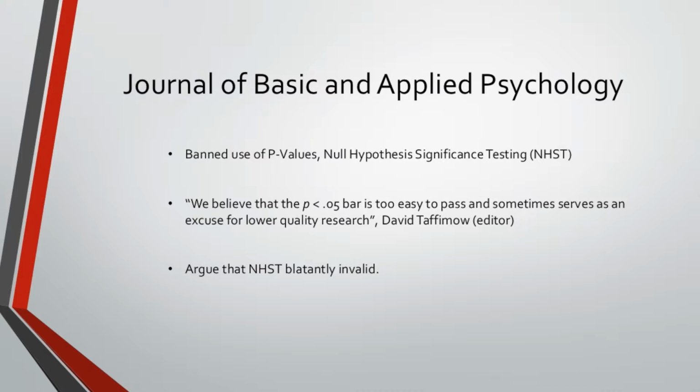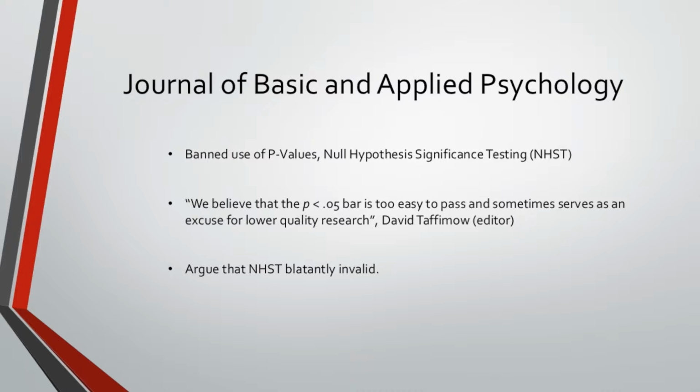What they are suggesting is that people collect a significant amount of data, so large N, and do some kind of descriptive statistics. They don't really talk too much about exactly what they're going to replace all of these p-values with.